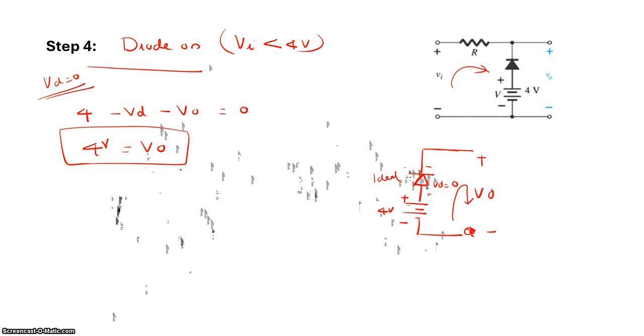So now we can go to the drawings. Now we have two conditions over here. First is the 4 volt case, right? So above 4 and below 4 we are considering. Suppose this is 4 volt.